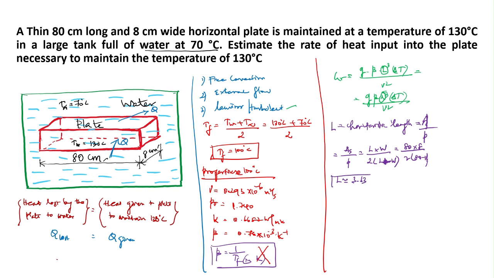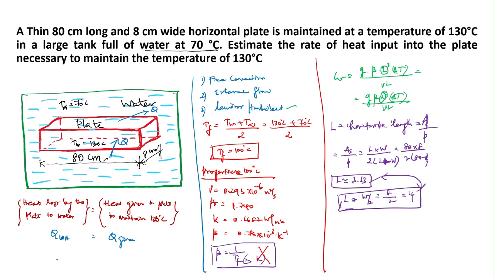For convenience, the standard value given in the book is that L is approximately W by 2. Here W is equal to 8 centimeter, 8 centimeter by 2, that is equal to 4. So there are two approaches to find L. One is by the formula, which gives 3.63, or the standard notation given in the data book, which gives 4.